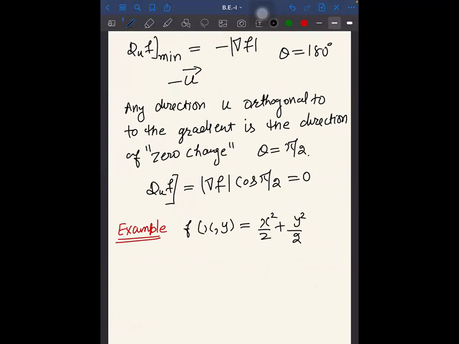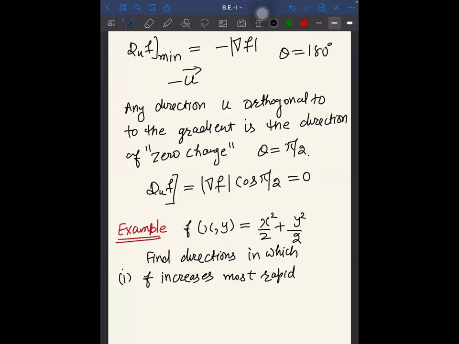First, find directions in which f increases most rapidly, right, at (1, 1).